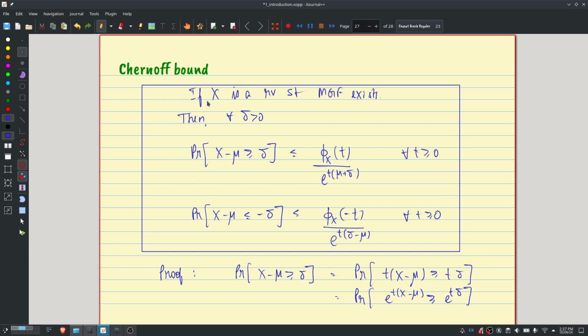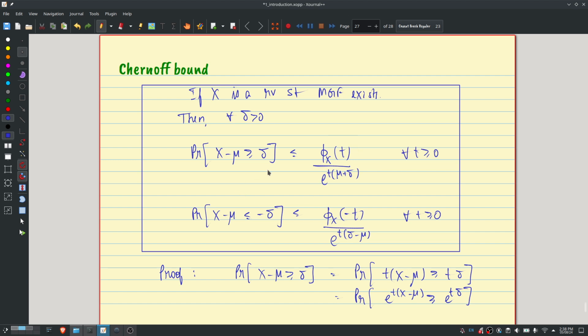So the Chernoff bound says the following: if we have a random variable x for which the moment generating function exists, at least it should exist for some values of t. Even if it's not defined for all t, it's still okay, as we'll see later. But then for any t for which the moment generating function exists, the probability that x minus mu deviates by an amount delta can be upper bounded by the moment generating function divided by e raised to t times mu plus delta, where you can choose any t for which the moment generating function is well defined.